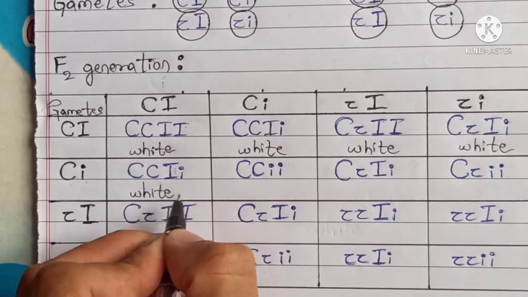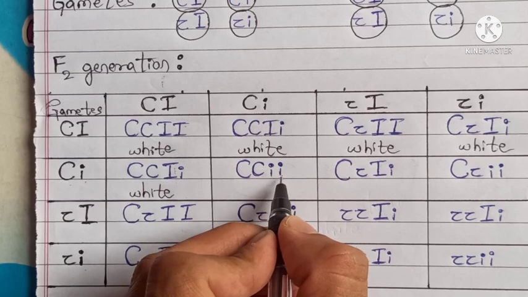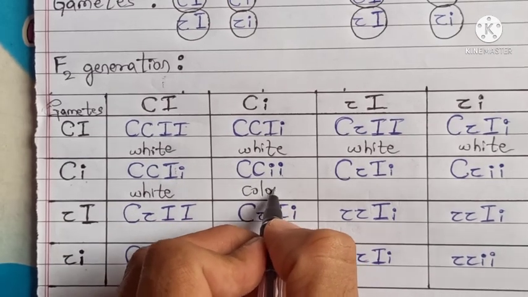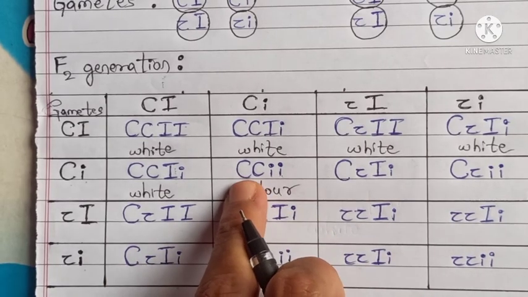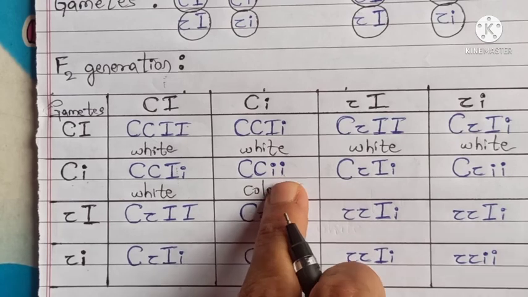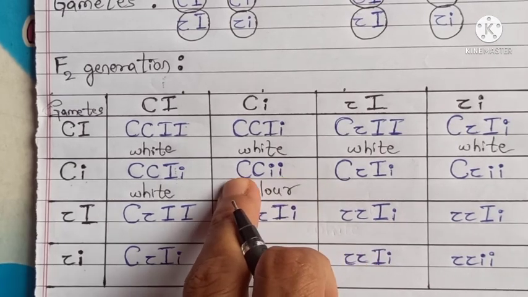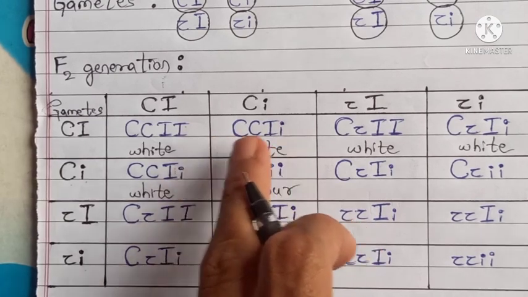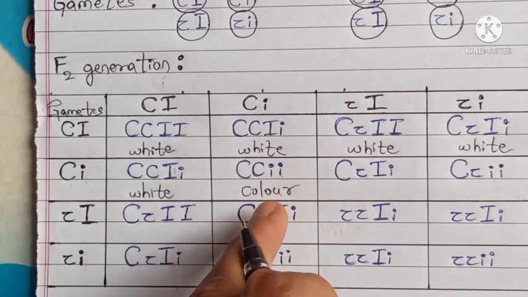And be very careful here. See, here both are small i, therefore capital C is present. Now here white is not expressed, here color will form due to presence of capital C, and in I both the alleles are recessive. So when both the alleles are recessive, then you have to see the C gene. If the C gene is capital, then you write color.